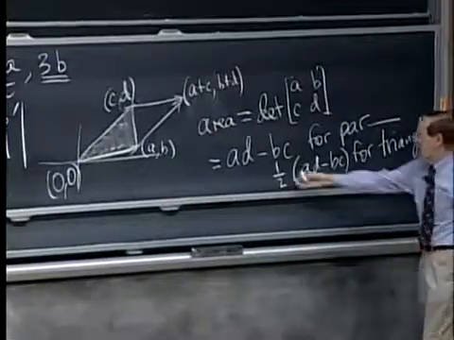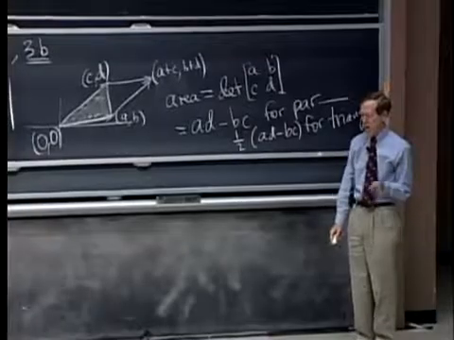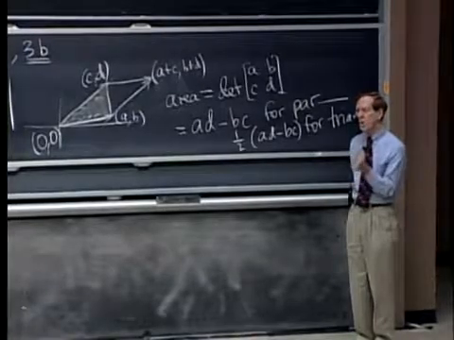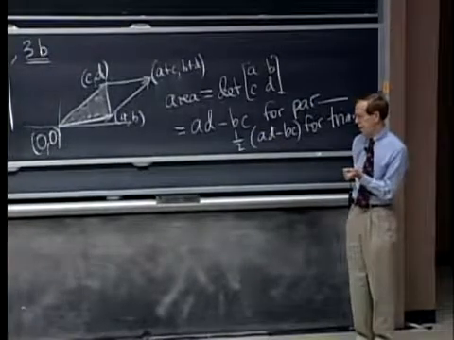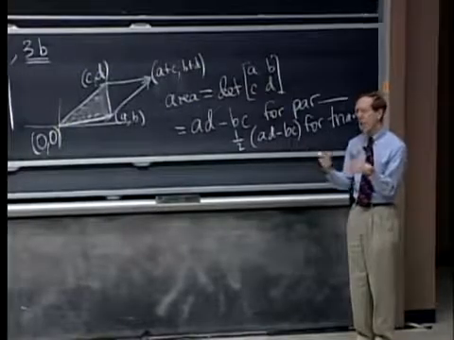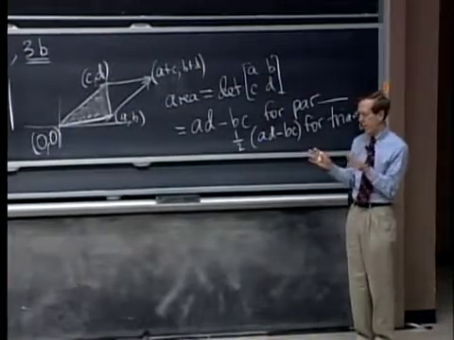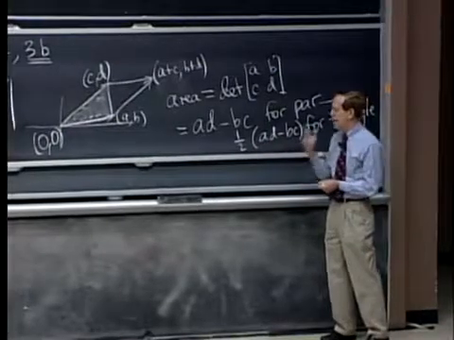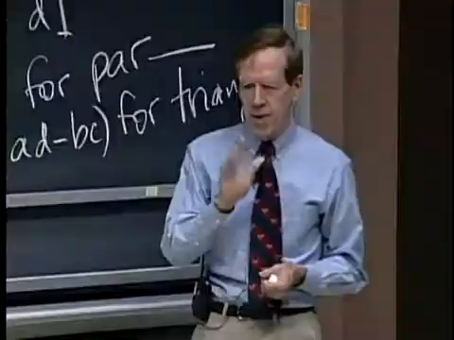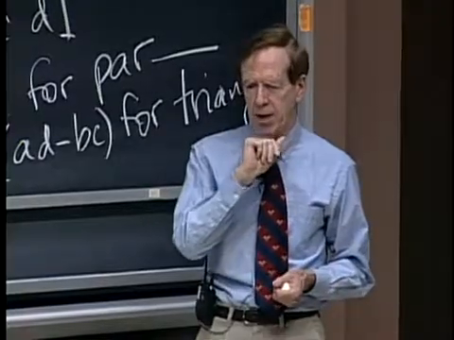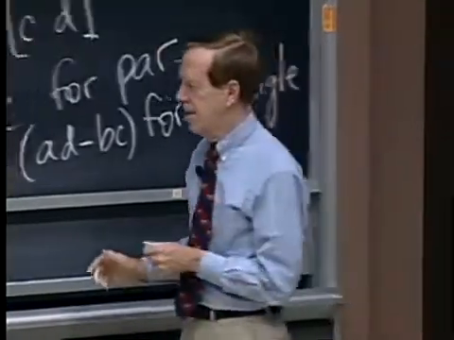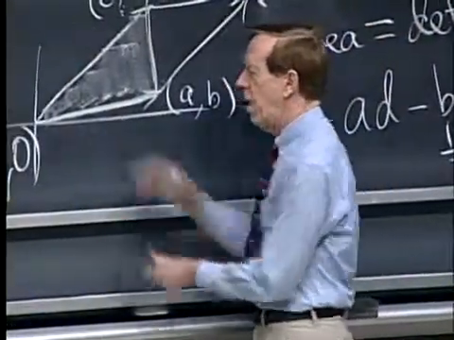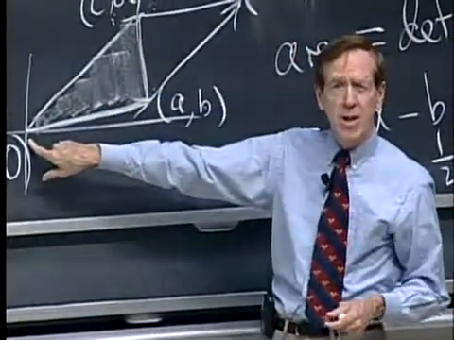This is a totally trivial remark, to say divide by 2. But you more often see triangles, and you feel you know the formula for the area, but the good formula for the area is this one. And I'm just going to say one more thing about the area of a triangle, just because it's so great to have a good formula for something. What if our triangle did not start at 0, 0?